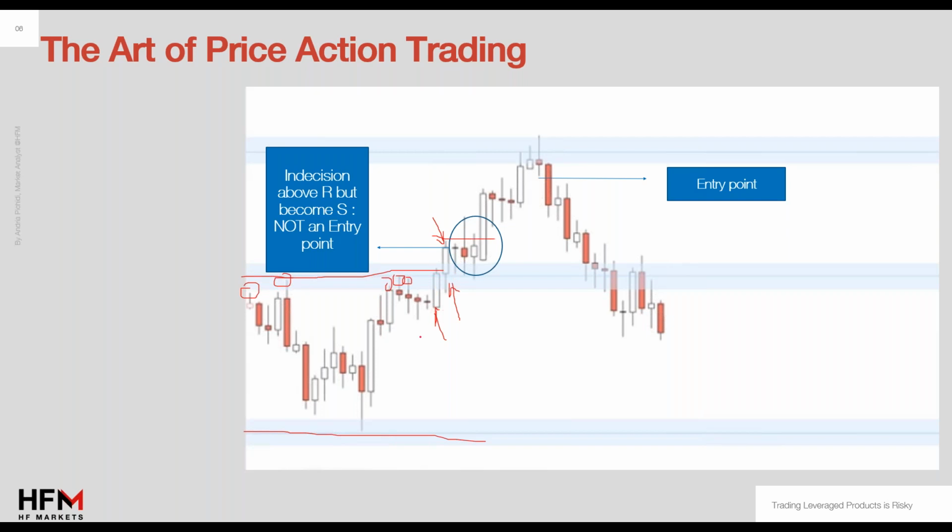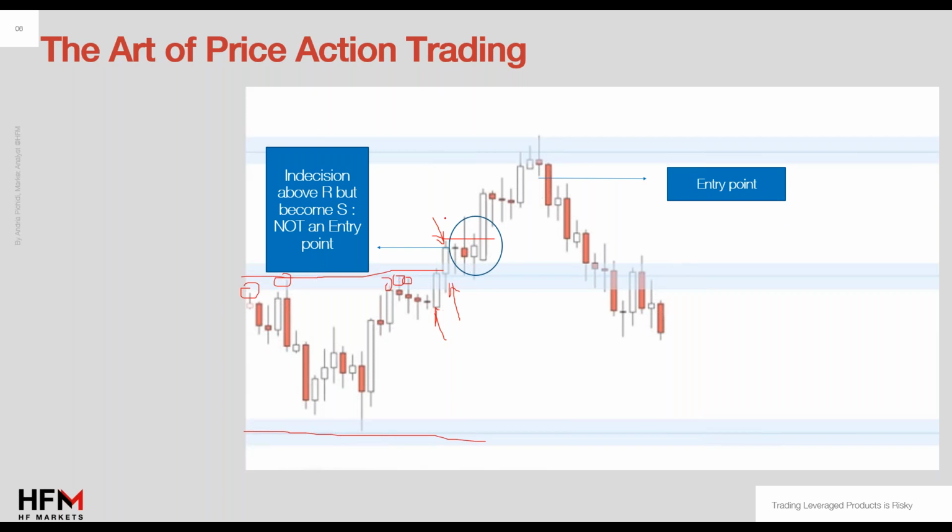Indecision followed, however: a doji, a small body in the middle of the candle with a big tail. Some sideways move followed on the resistance level, which eventually confirmed an entry on the breakout of the latest high over here. So resistance now becomes support.